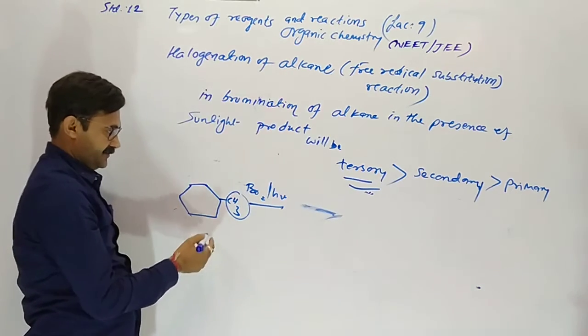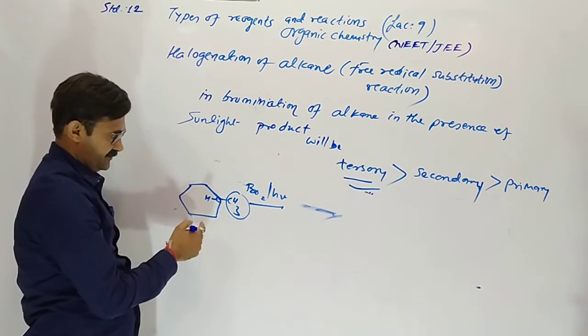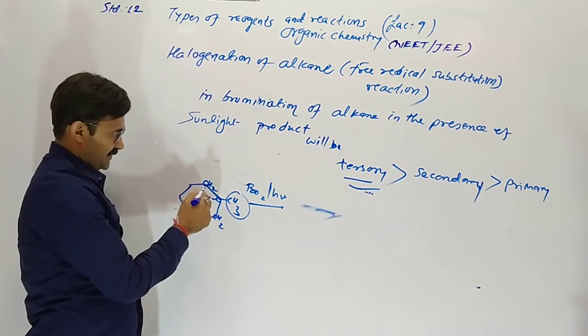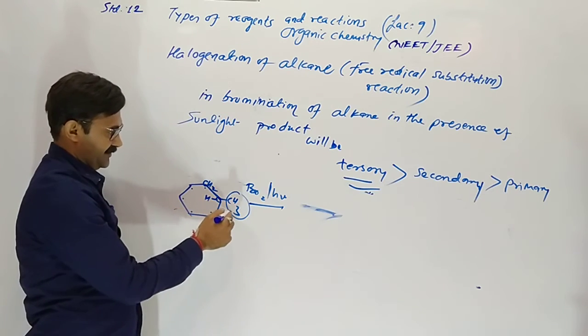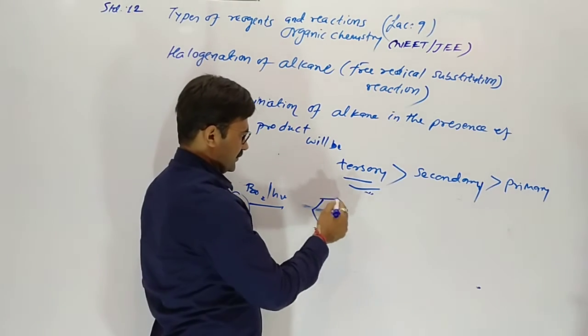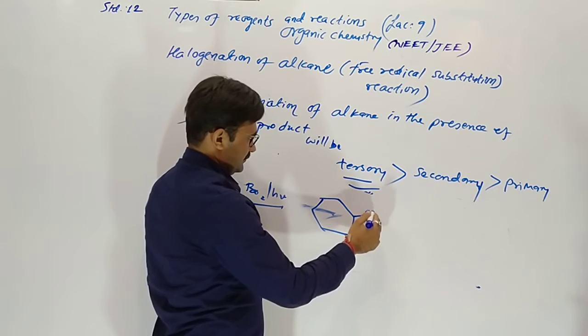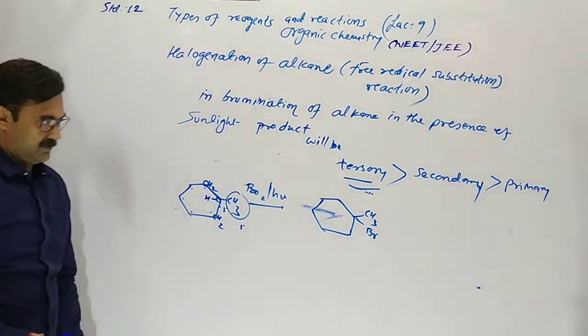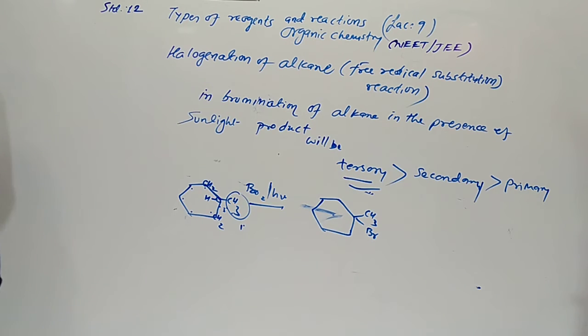Here is CH3, here is CH, CH2, CH2: secondary, primary, tertiary. So here hydrogen will be removed. So 1-bromo-1-methyl cyclohexane occurs here as the product.